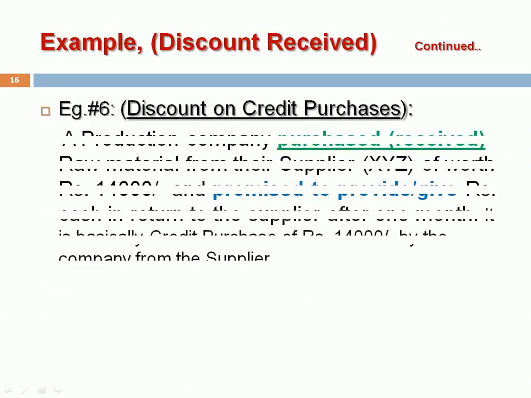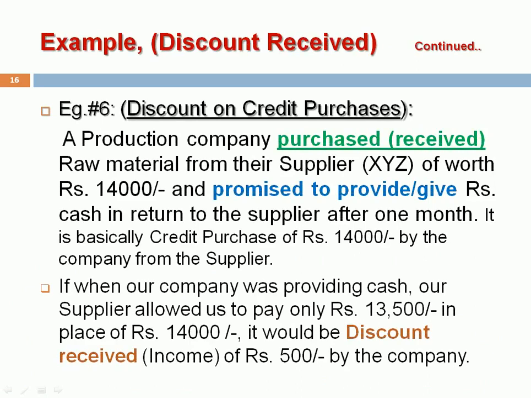So now look at the example of discount received. A production company purchased raw material from their supplier, which could be XYZ, worth rupees 14,000 and promised to provide rupees 14,000 cash in return to the supplier after 1 month. It is basically a credit purchase of rupees 14,000 by the company from the supplier.